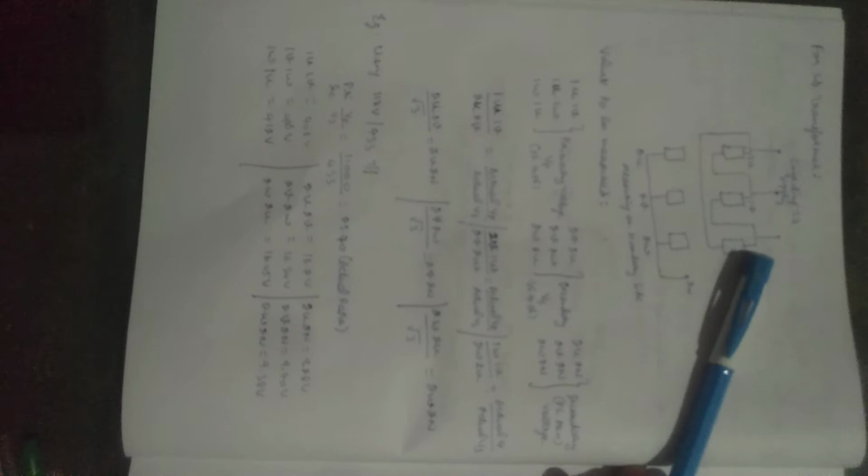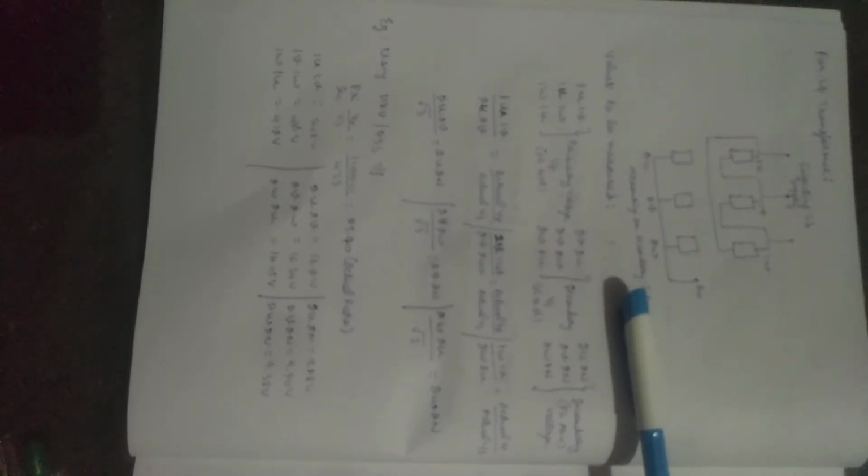In such a way, for a three phase transformer in which the primary is delta connected, I have taken a delta star transformer as an example. On the primary delta side, I am injecting a three phase voltage and measuring the voltage on the secondary side of your transformer.